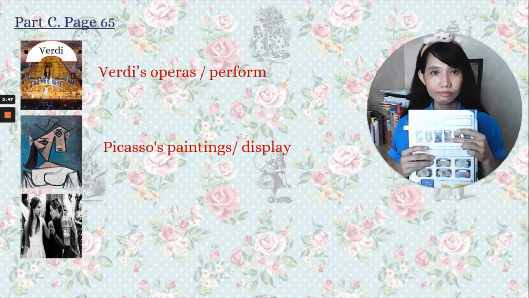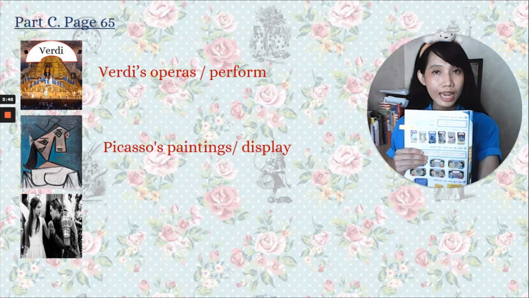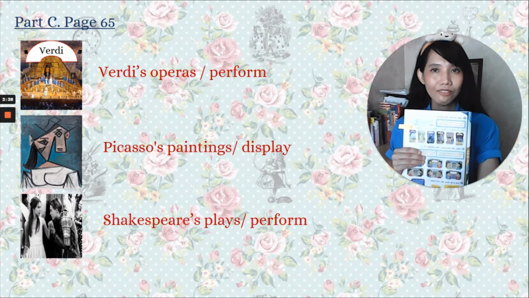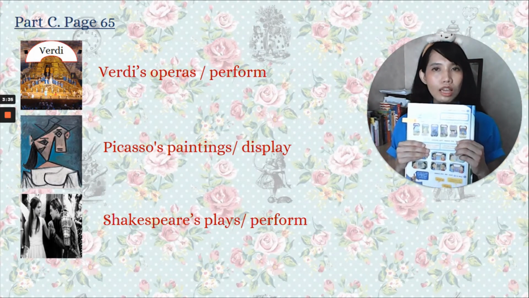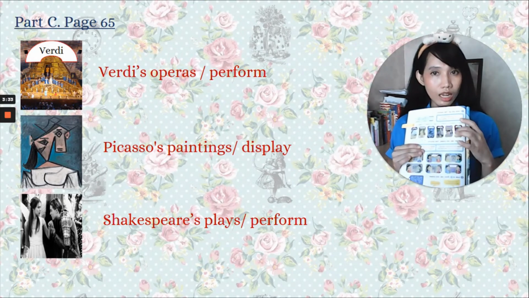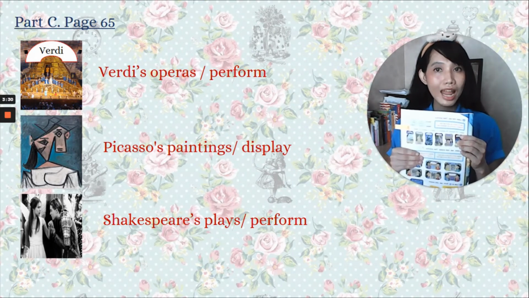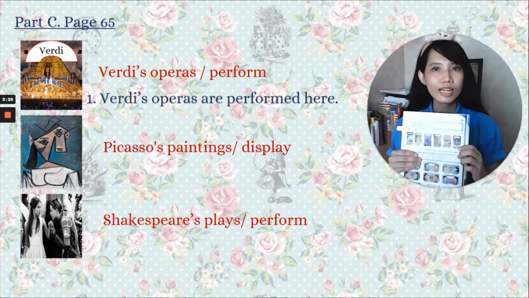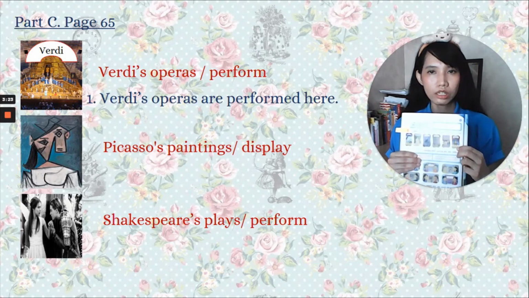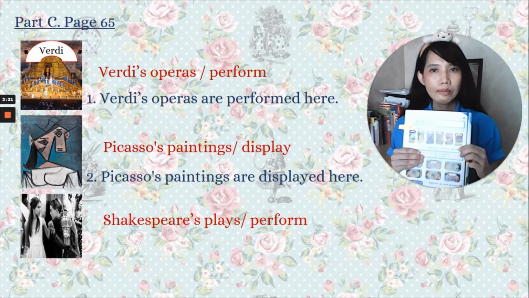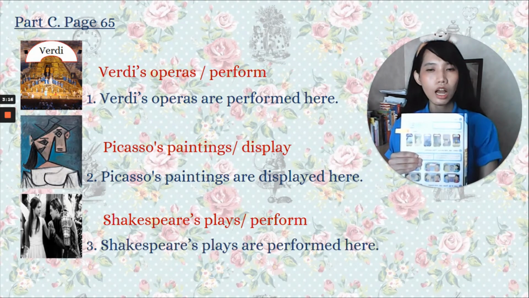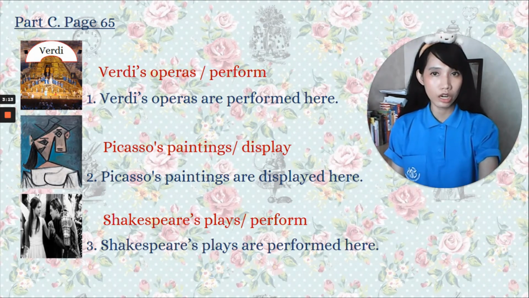And number 3, the vocab is Shakespeare play and the verb is perform. Very good. So, if you know all these 3 exercises, you can create the passive sentence. For number 1, body opera are performed here. Number 2, Picasso painting are displayed here. And number 3, Shakespeare play are performed here.